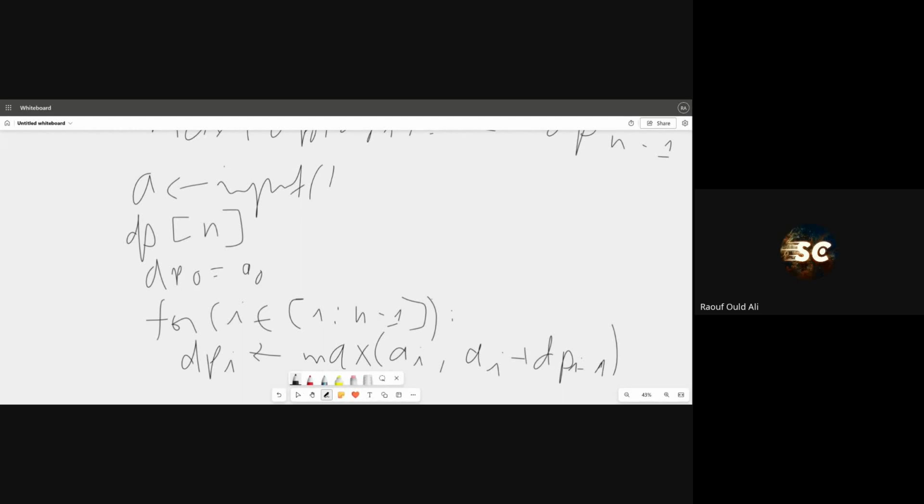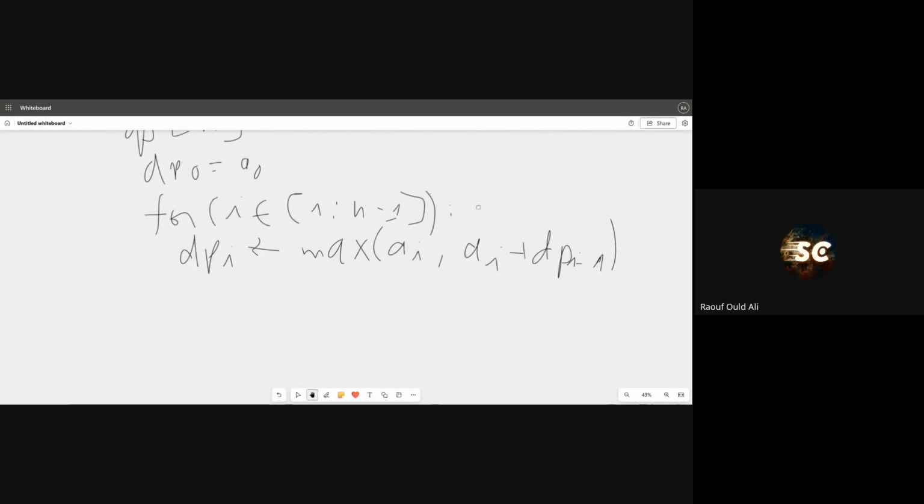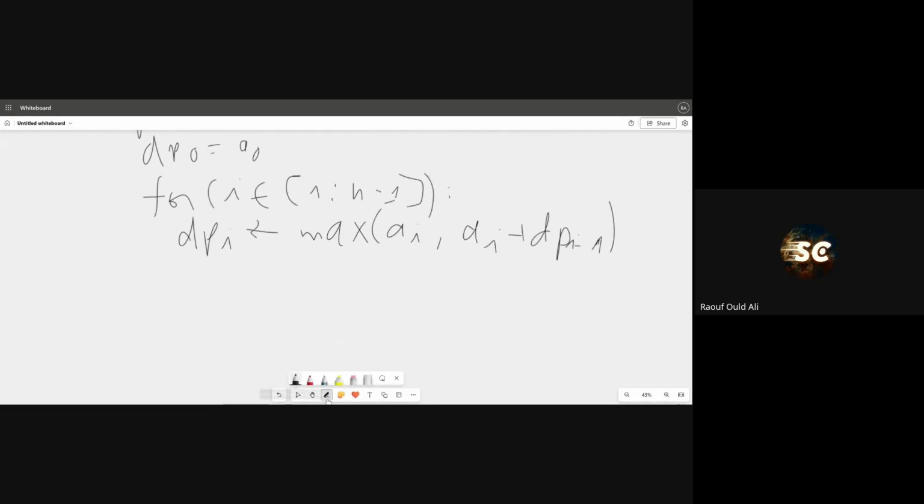This is called a pull dp approach. Why? Because when we are here in a_i, we are pulling the answer from previous results and using it for our computation.